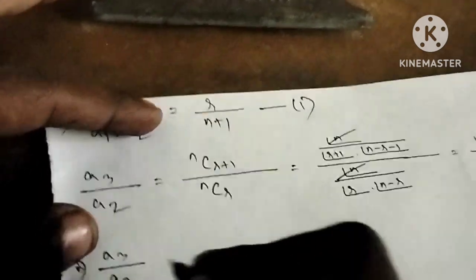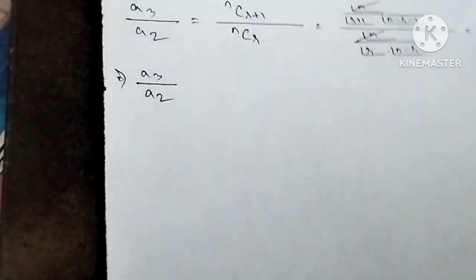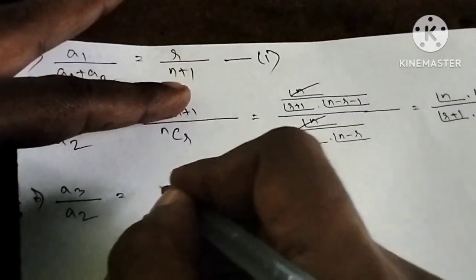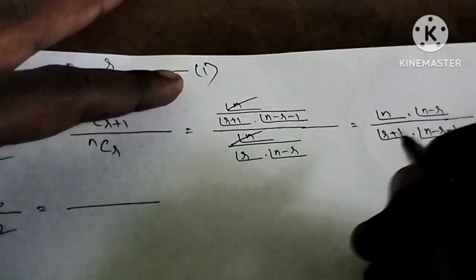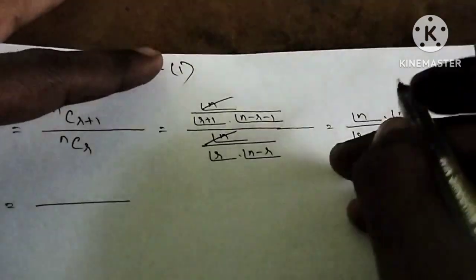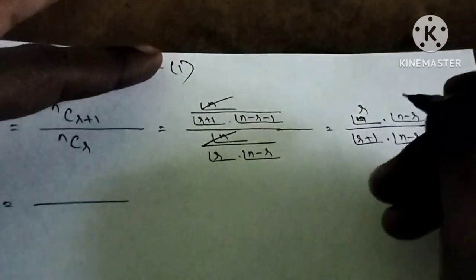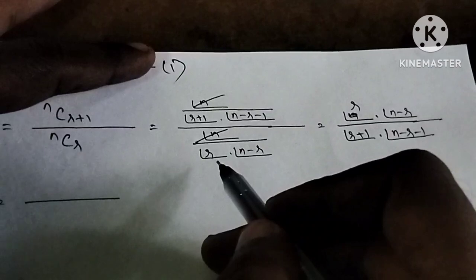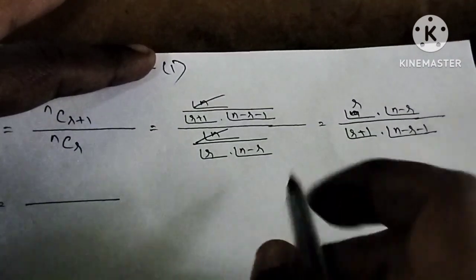So a3 by a2 can be written as, sorry, this is actually r factorial into (n-r) factorial.